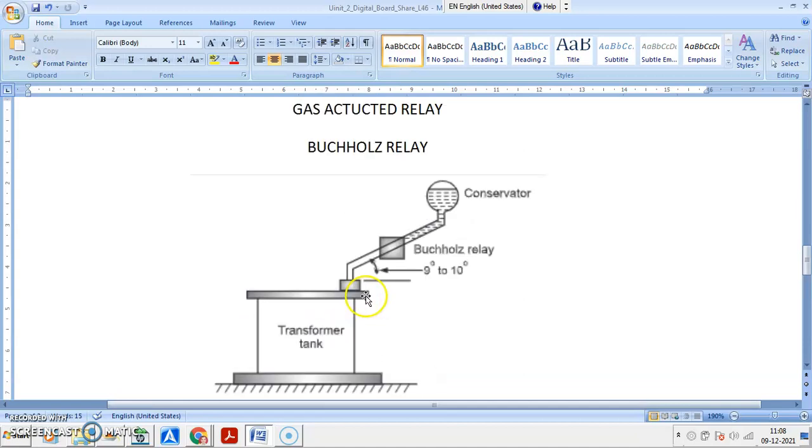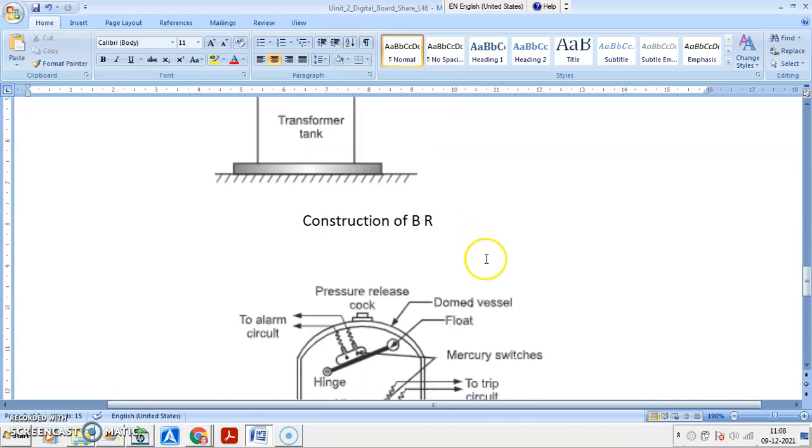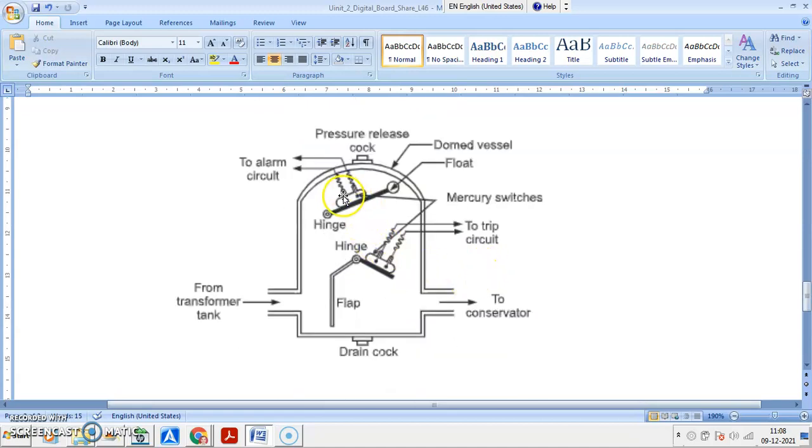Slow development of gas, overheating of oil, and oil rushes to the conservator. This is not a severe fault condition, but it is an abnormal condition, and in that case only the alarm circuit gets closed and you will receive the alarm that an incipient type of fault has developed inside the transformer.